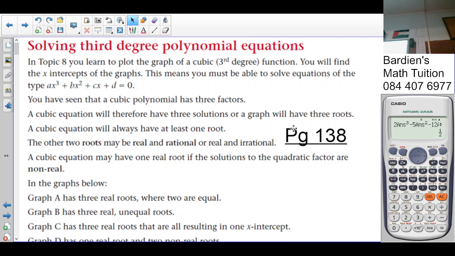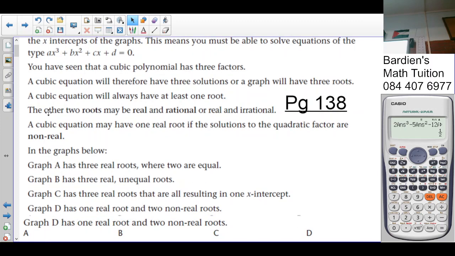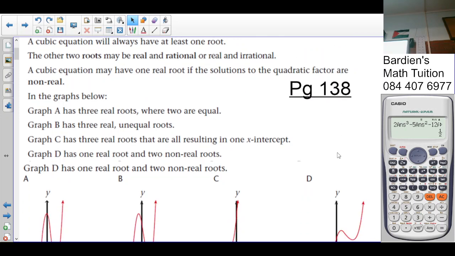A cubic equation will always have at least 1 root. Okay, that's a given, it must have 1 root. The other 2 roots may be real and irrational, or real and rational. Okay? And it could be non-real as well. The cubic equation may have 1 root if the solutions to the quadratic are non-real. That's exactly what we just said now.